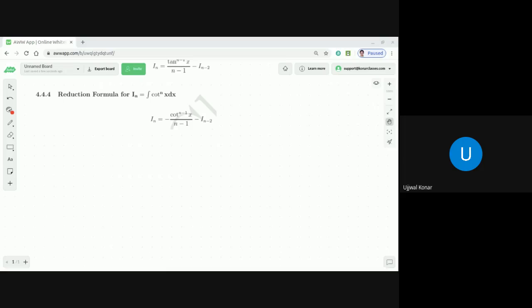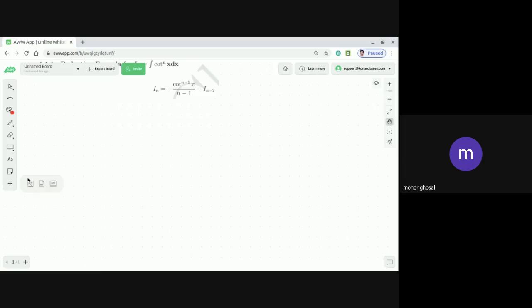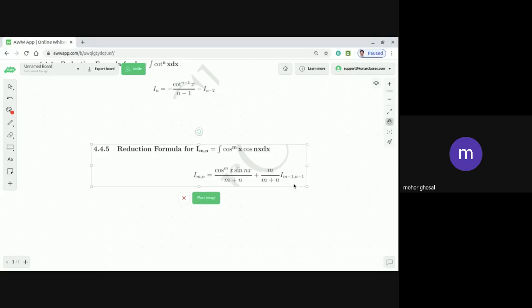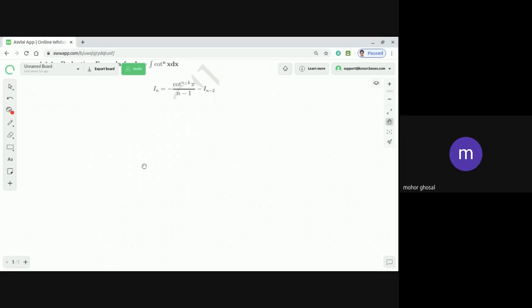Then after that, I'm going to go to a little more advanced one. So here I'm introducing two parameters. So far we discussed only one parameter, correct? Now I'm going to discuss two parameters, m and n. Let me show you, then you will understand why I introduced two parameters and what the relevant formula is.